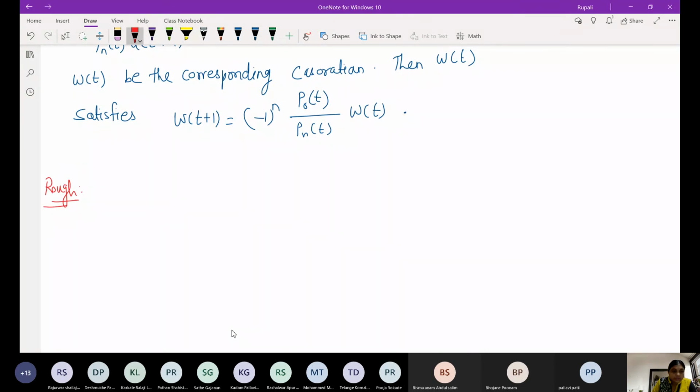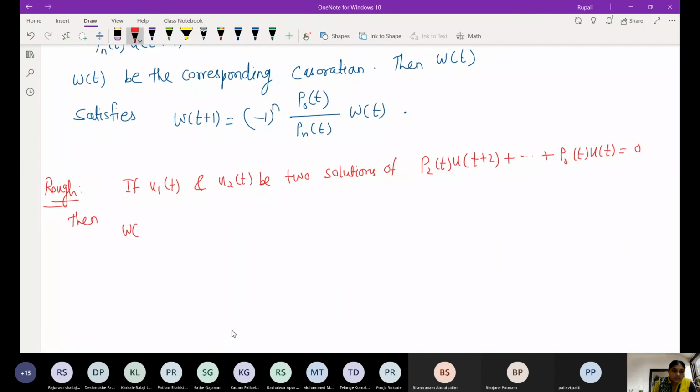If u1(t) and u2(t) are two solutions of p2(t) u(t+2) + p1(t) u(t+1) + p0(t) u(t) = 0, a second order homogeneous equation, then what is W(t+1)?